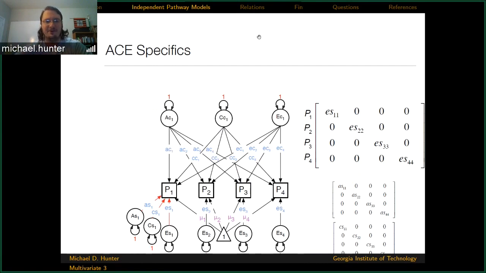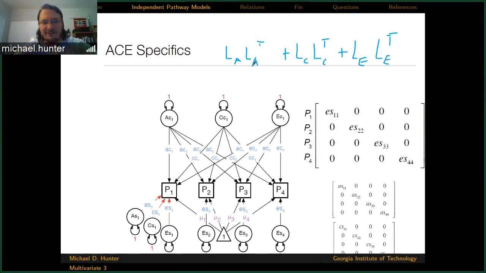If you put the various components of this model together, mathematically this gets stated as you've got loadings for A that get multiplied by themselves transposed, then you've got the loadings for C that get transposed, multiplied by themselves, and the loadings for E that get transposed, multiplied by themselves.